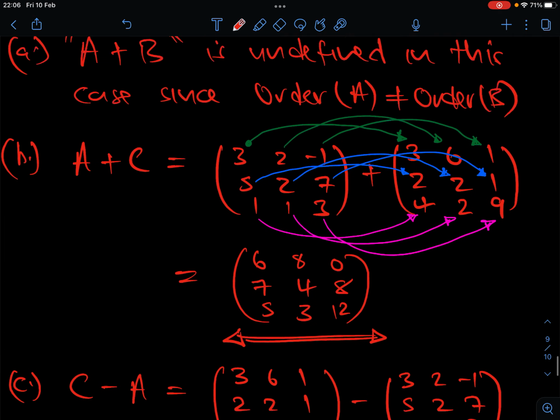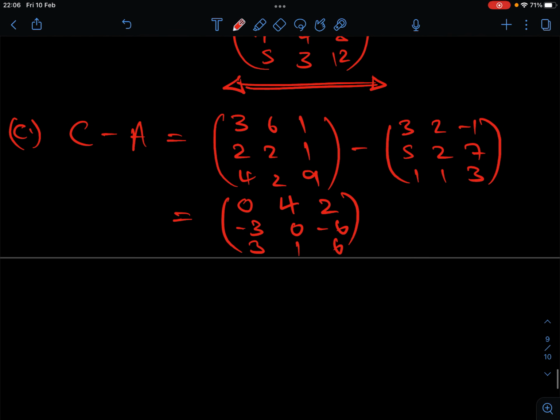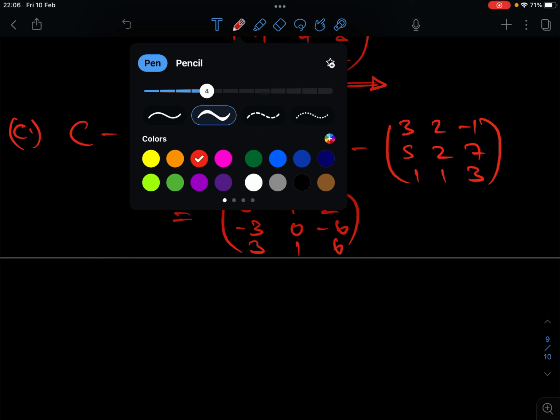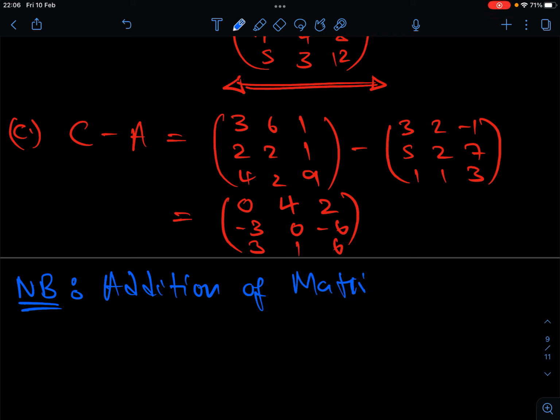But there is something I forgot to add, which is also very important when it comes to addition of matrices. Let me put it as a note here: addition of matrices is associative.